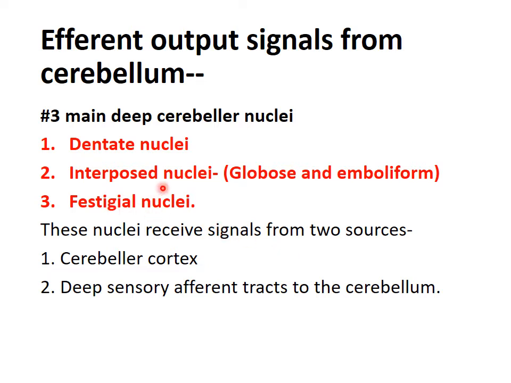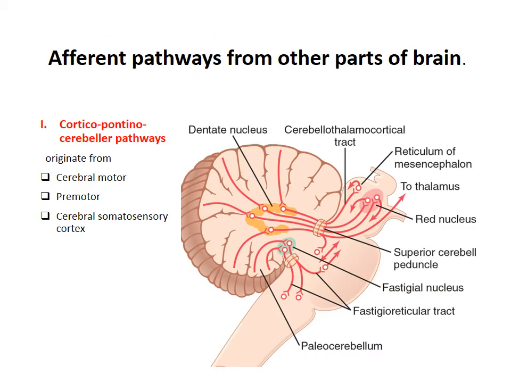They receive the afferents and send efferent fibers to other parts. So the cerebellar cortex is well connected to the cerebral cortex, brain stem, and peripheral parts. There is very good communication between the afferent and the efferent nerves also.